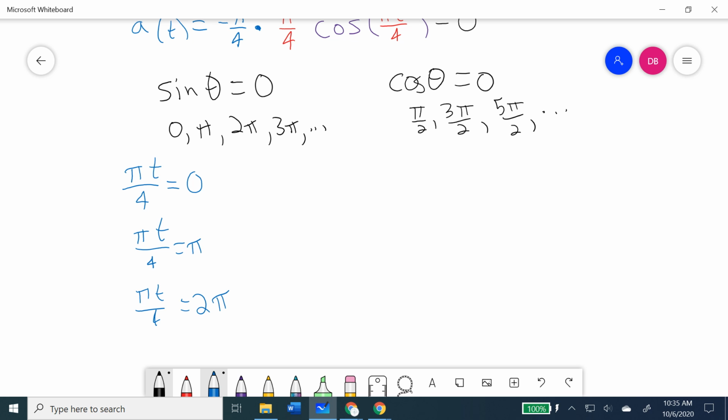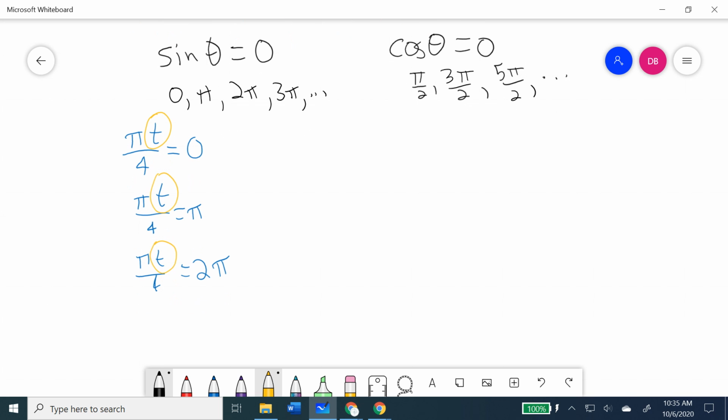I've got to make sure to answer all the t values between 0 and 10. So I'm going to make a number line and put a 0 and a 10 on there. This first equation is just giving me an endpoint, but the second equation is going to be 4.